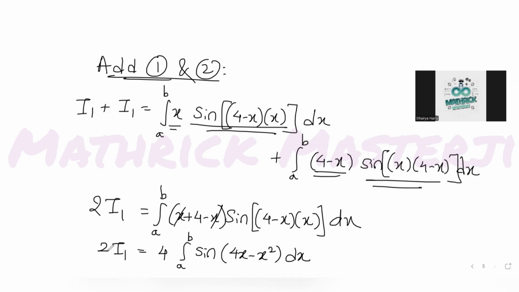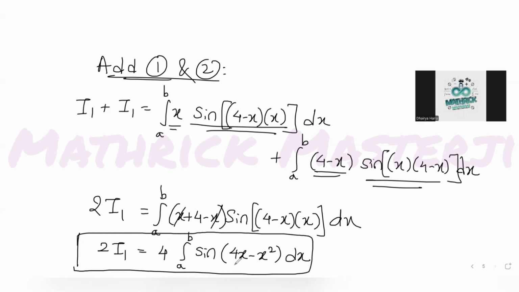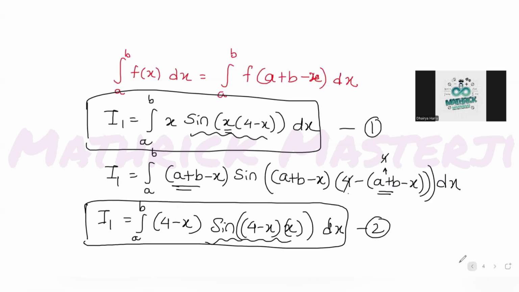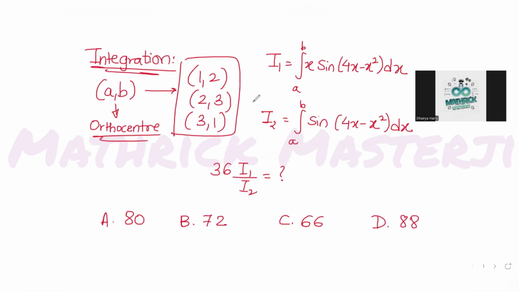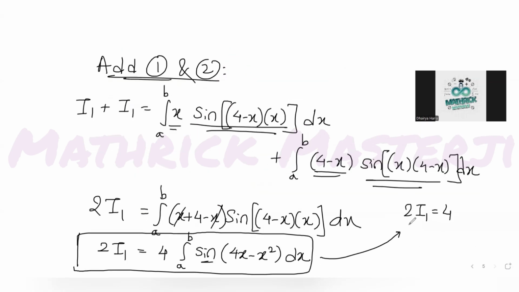This is 2I1. Now what I can do further is: 2I1 is 4 times this entire thing, and as we already discussed while discussing the question, I2 is the same as I1, just without x. So without x, this entire thing becomes I2.